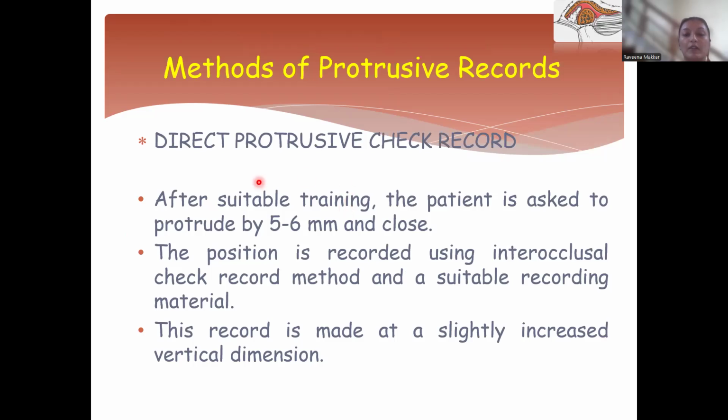Now, what are the methods of protrusive record? One is the direct protrusive check record. After suitable training, the patient is asked to protrude by 5 to 6 millimeters and close. The position is recorded using the interocclusal check record method and a suitable recording material. This record is made at a slightly increased vertical dimension.